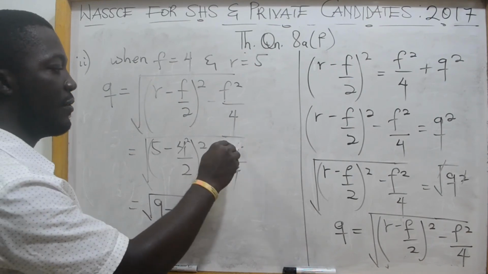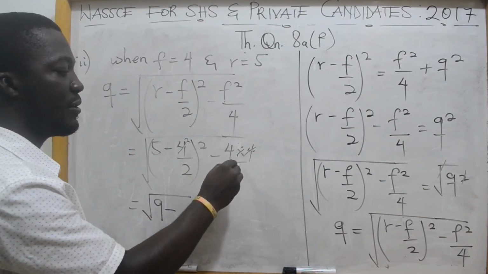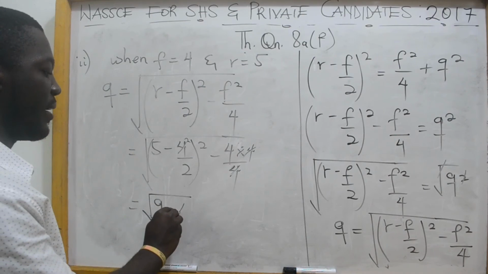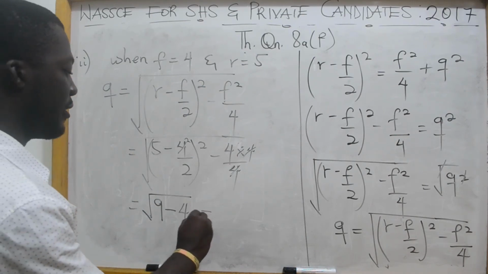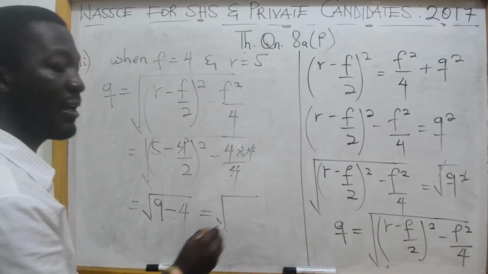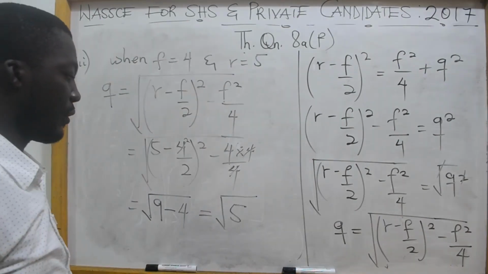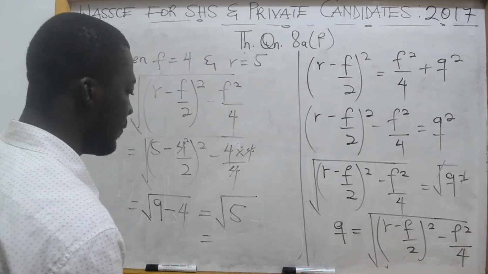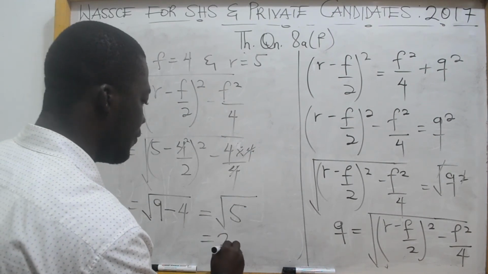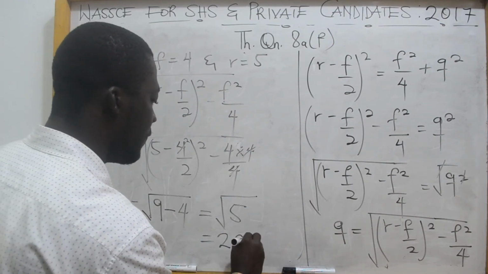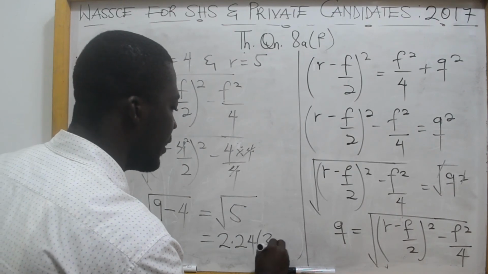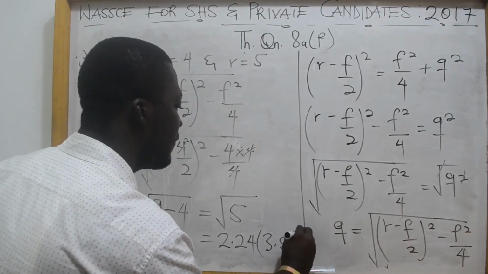So this will cancel that. Then we have minus 4, which is equal to square root of 9 minus 4 is 5. And the square root of 5 is 2.24 to three significant figures.